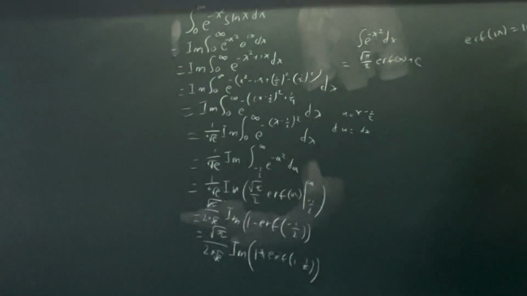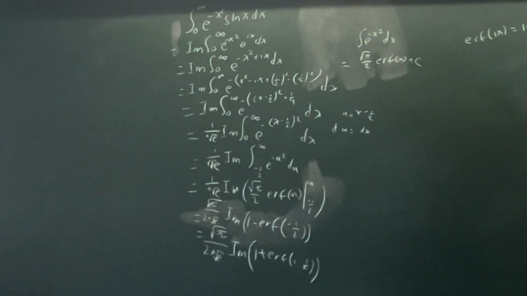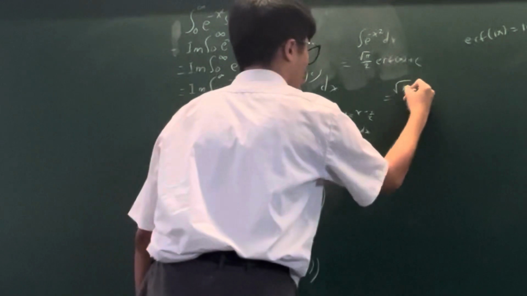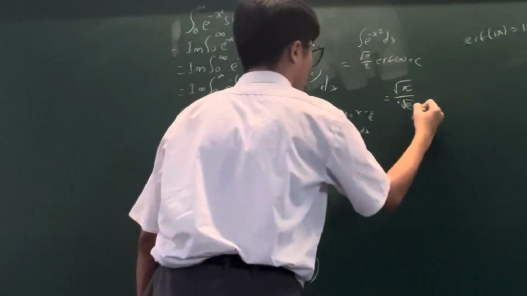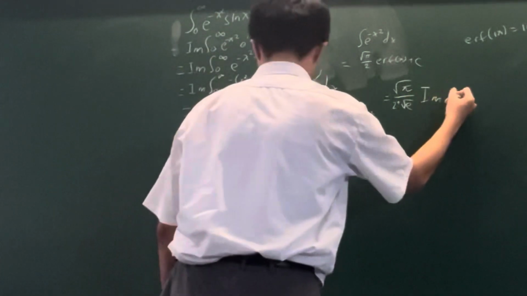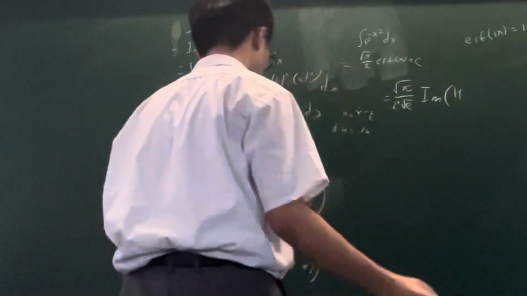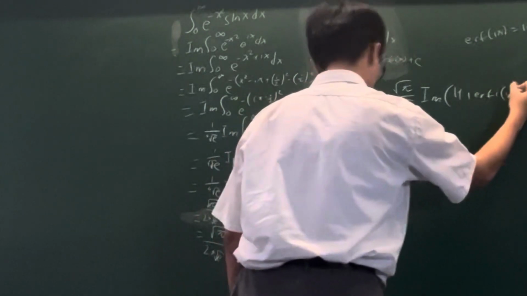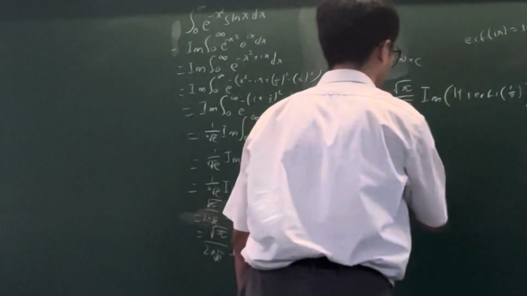Erf is called the error function, and erfi is called the imaginary error function. So we can write this as square root of pi times the fourth root of e over 2, and then Im of 1 plus i times erfi of 1 over 2.